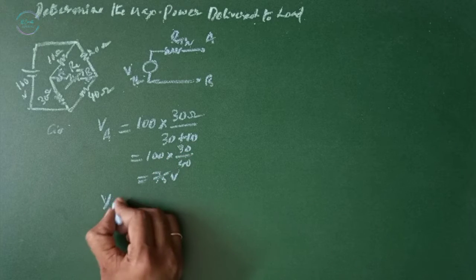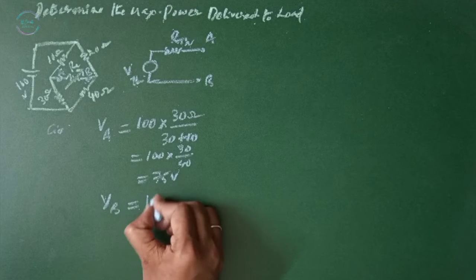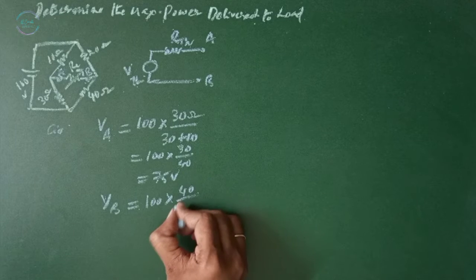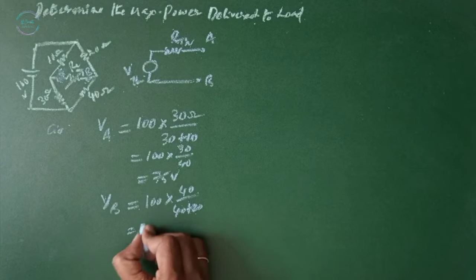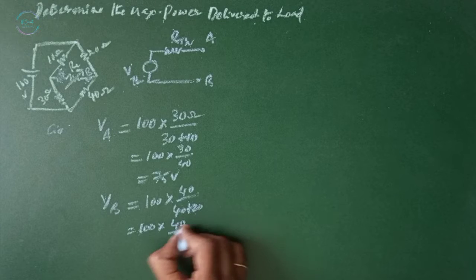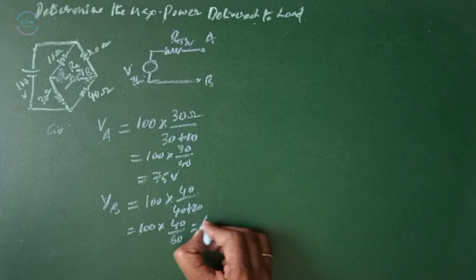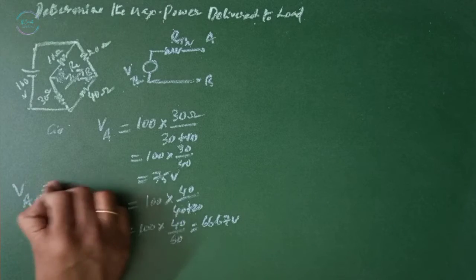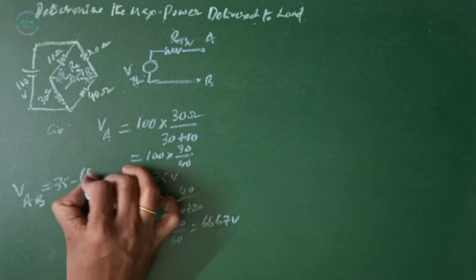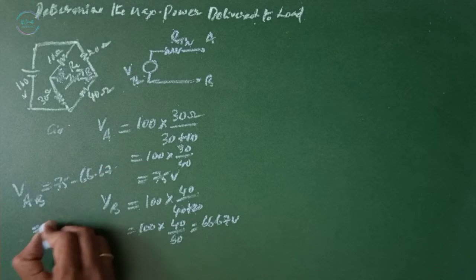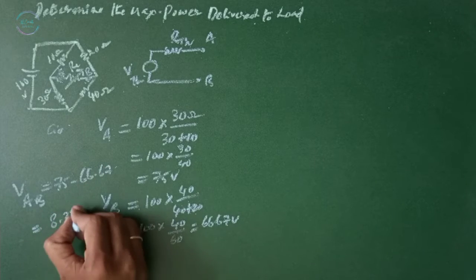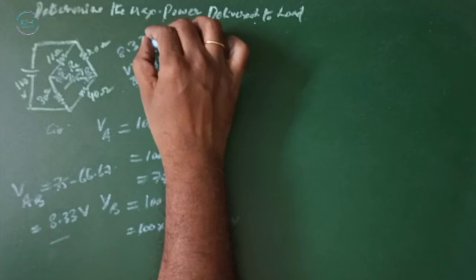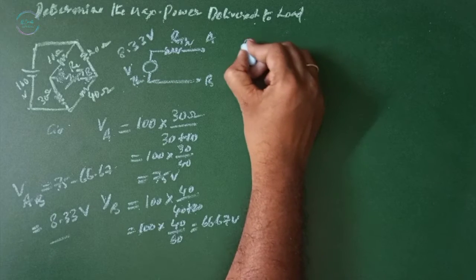Then the voltage at point B is the applied voltage 100 multiplied by 40 divided by 40 plus 20. 100 into 40 by 60, 66.67 volts. Then VAB equals 75 minus 66.67, which equals 8.33 volts. Our VTH is 8.33 volts.